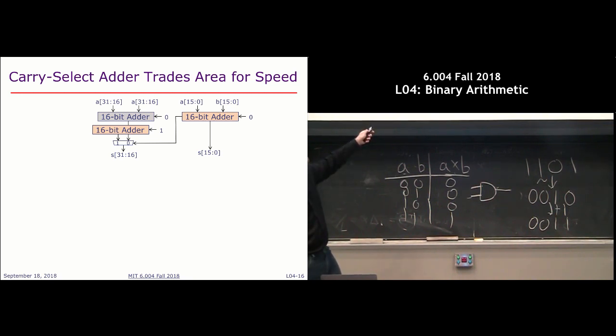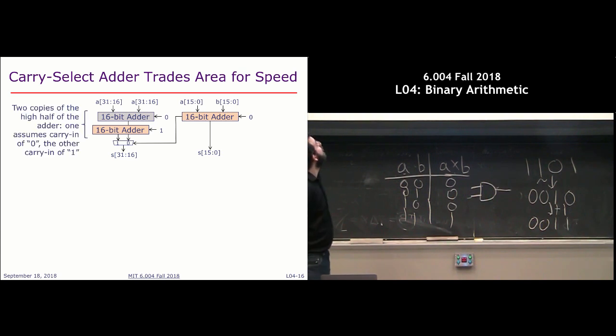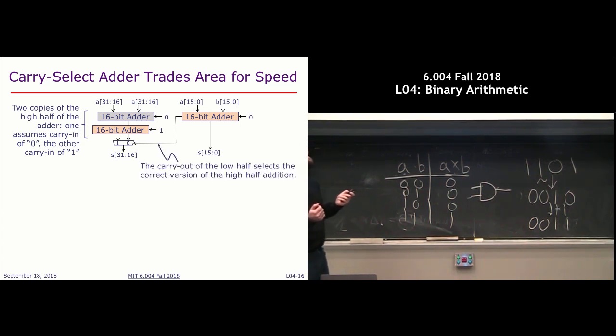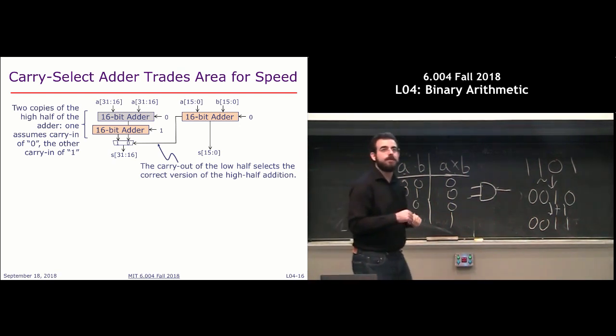One of the adders is going to take a carry in of 0, the other one is going to take a carry in of 1. So we essentially compute what the result would be with both options. And now the carry out of the low half selects which version of the high half addition we use.